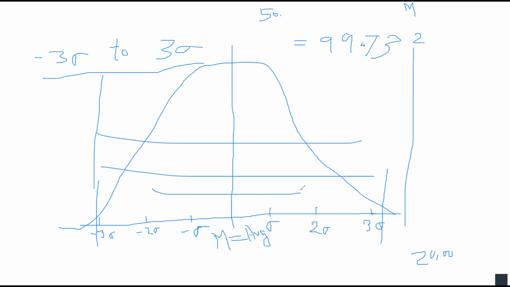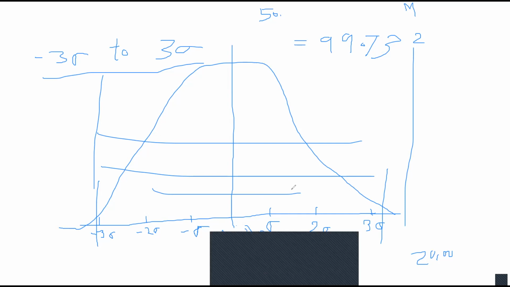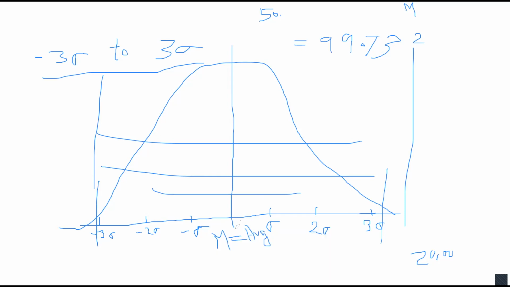Okay, let me show you here. I'm going on Minitab. A very important thing: this is a normal distribution, but in the standard normal distribution, the mean is always 0 and sigma is always 1. I can show you that sigma is always 1.